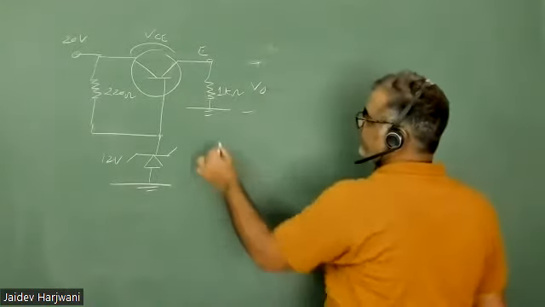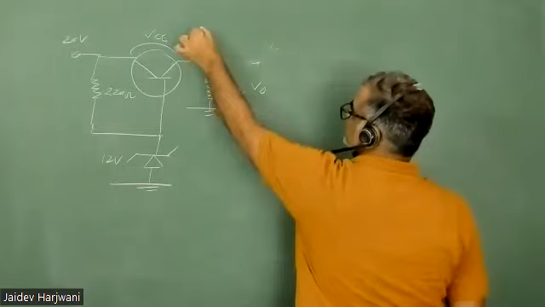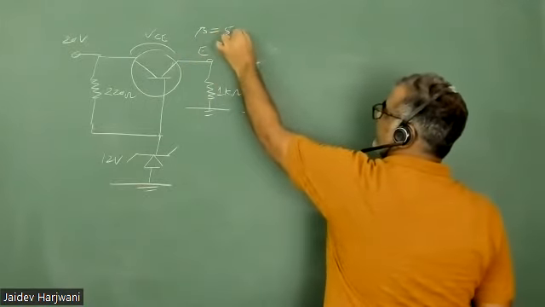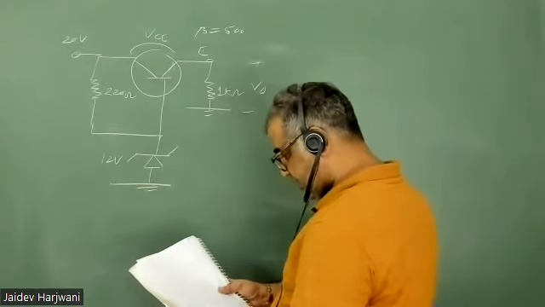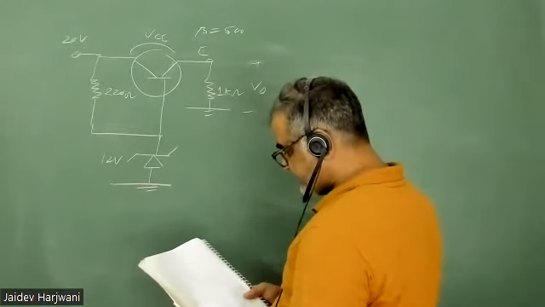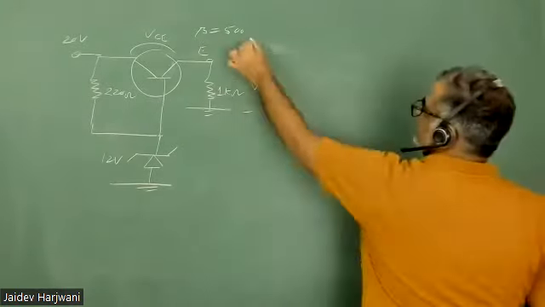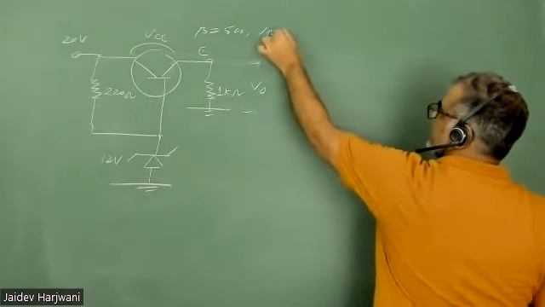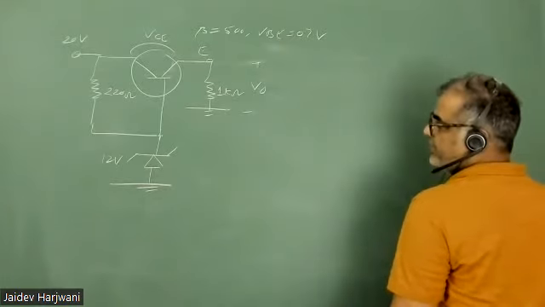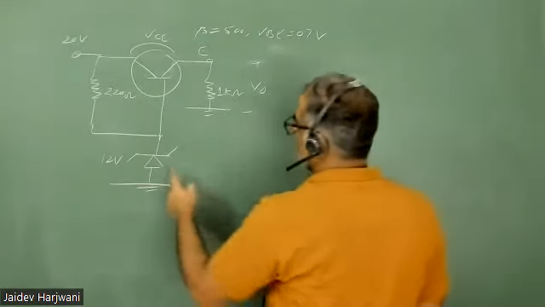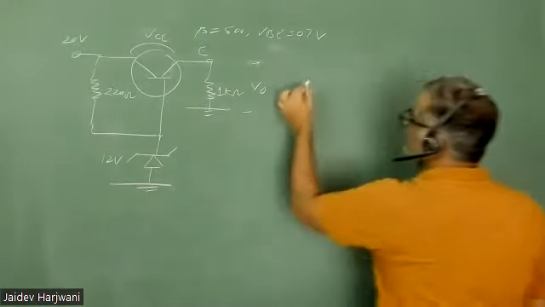Beta value is 500. And VBE you can take 0.7 volt. The question says find out V0.